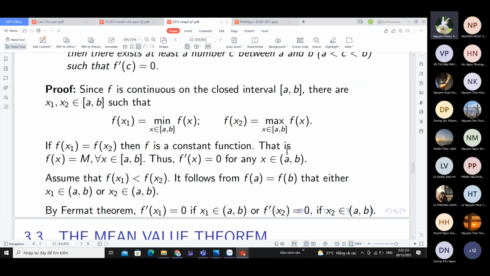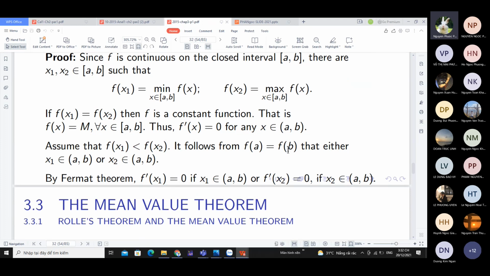Okay, now case number 2. We assume that f(x1) is less than f(x2). In this case, the function f is not a constant function. Moreover, the important thing here is f(A) equals f(B).